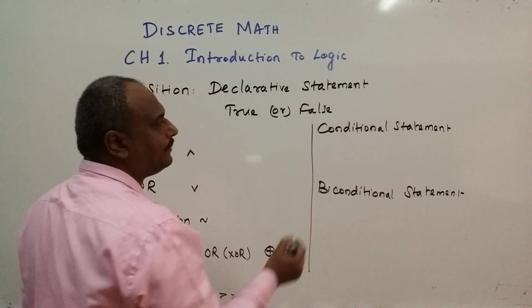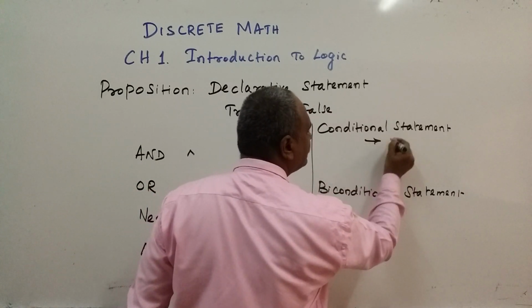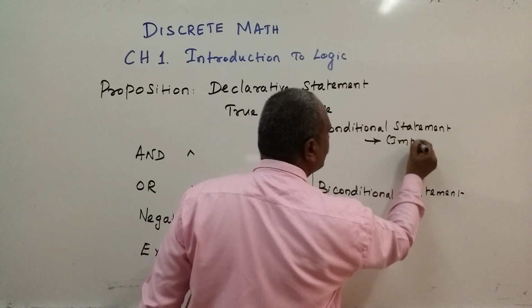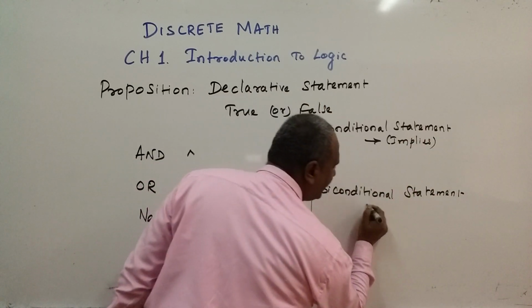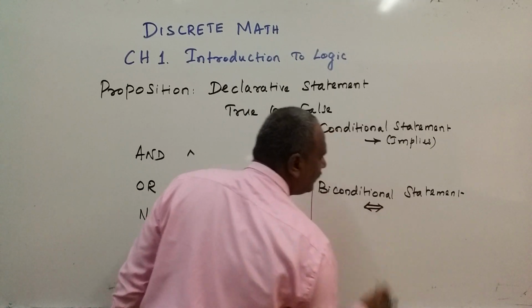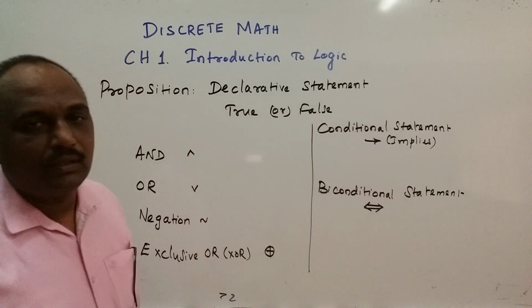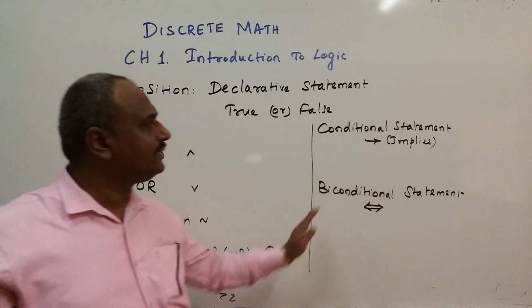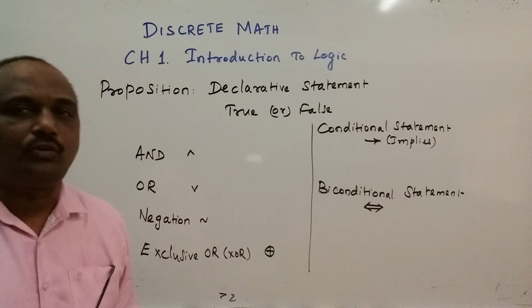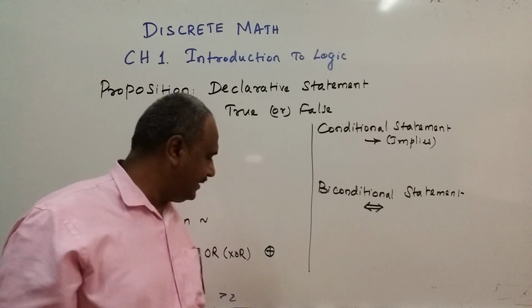For the conditional statement, we said this is implies, and for the biconditional statement, we defined double implies. And we formed the truth table using this idea.